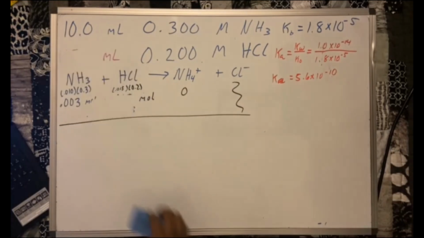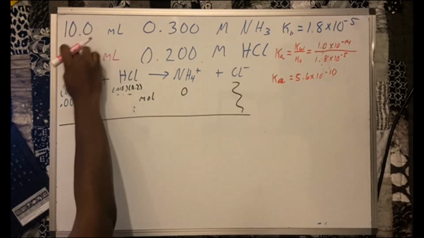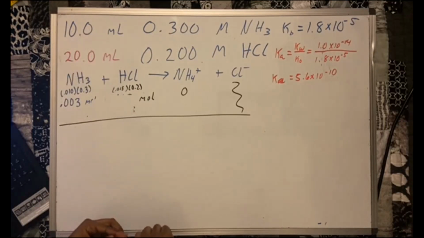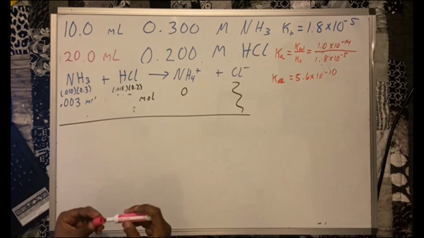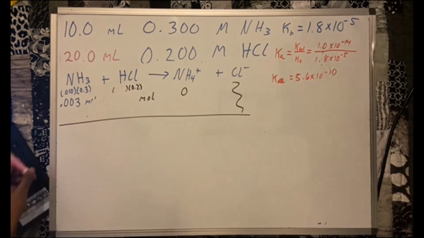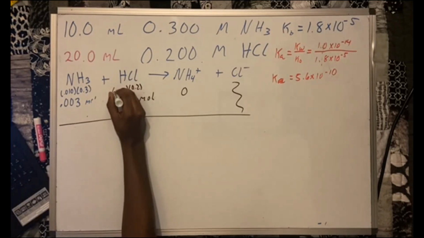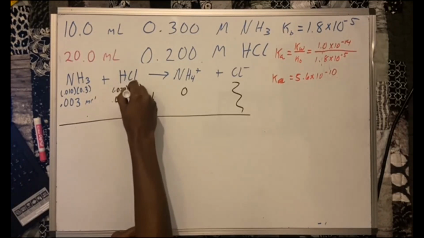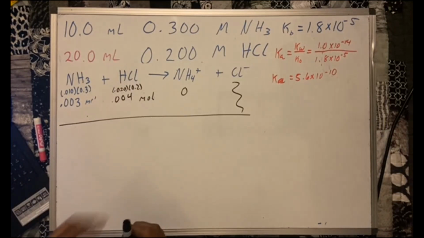Okay, that became 20 now. Now we just bumped it up to 20. So now I'm just going to change this. So now this is 0.02, 0.02. So this is 0.004. Again, check. All right, so it's the limiting reactant thing.